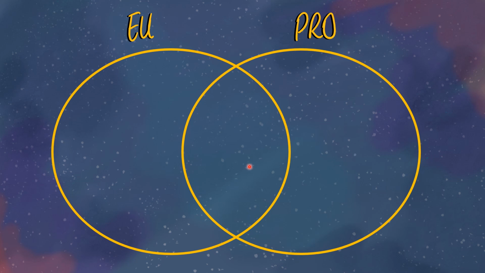Okay, and I want you to try and fill this in, please. So here, only things that apply to eukaryotes. Here, only things that apply to prokaryotes. And in the middle, things that apply to both of them. So it can be the organelles they have, it can be how old they are, etc. I want you to try and do this by yourself, and I'm going to put the answers up in 5 seconds. So pause the video here, please.